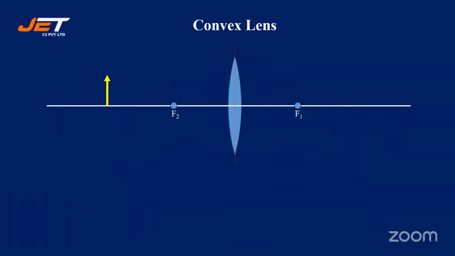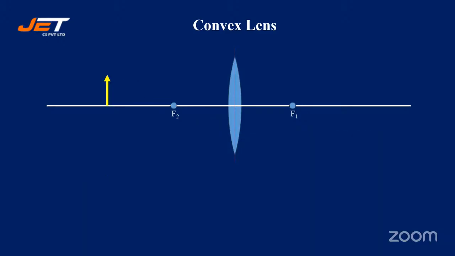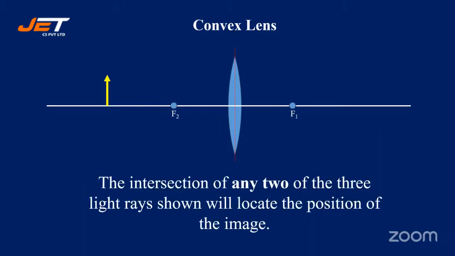Now these two rays and another ray through F2 will, after refraction, pass parallel to the principal axis, this way. Now, the intersection of any two rays out of the three rays shown is sufficient for us to locate the position of the image.